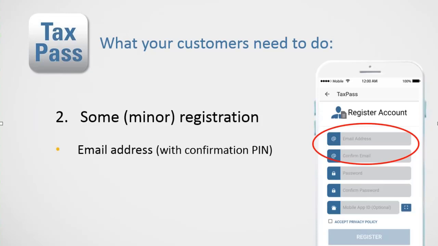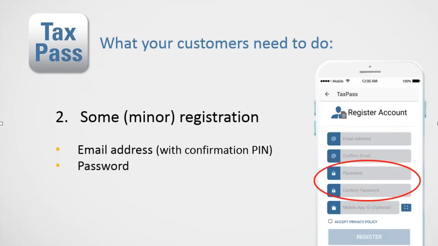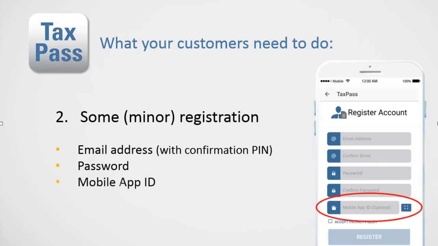So that's part of this registration process: entering their email and then confirming the PIN they'll receive at that email address. In addition, they also have to create a password for this app. This is the password they'll use to launch the app. Whenever they launch the app, it will ask for their email address as a login, and then the password they set up here. And then finally, they'll have to enter what we call a mobile app ID.